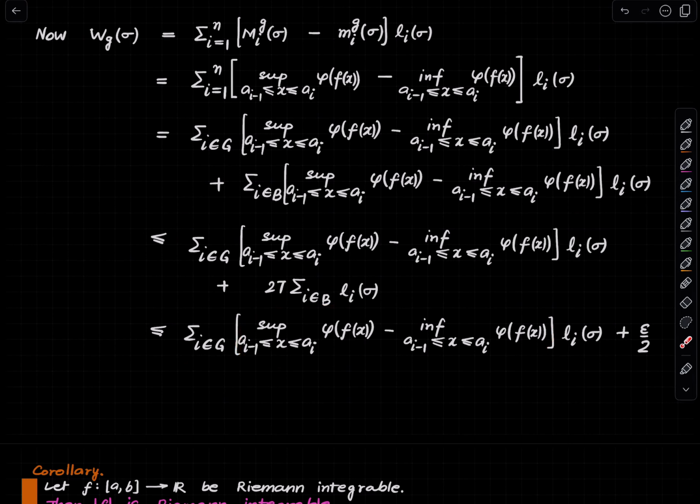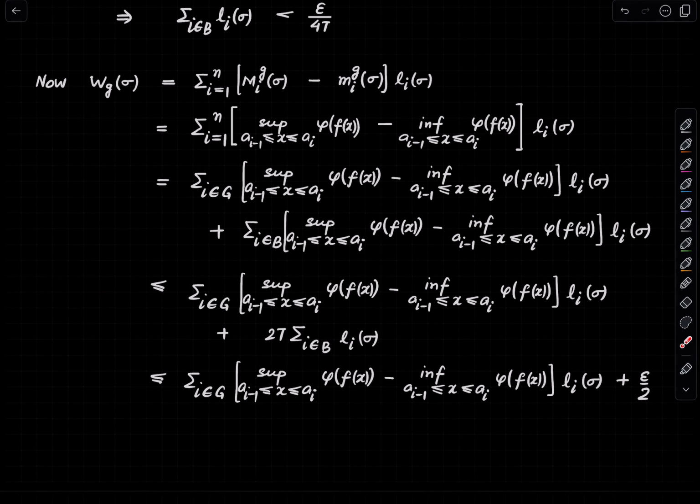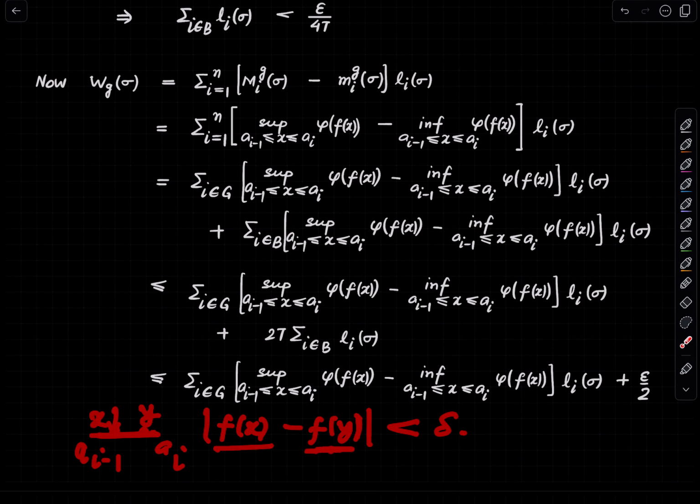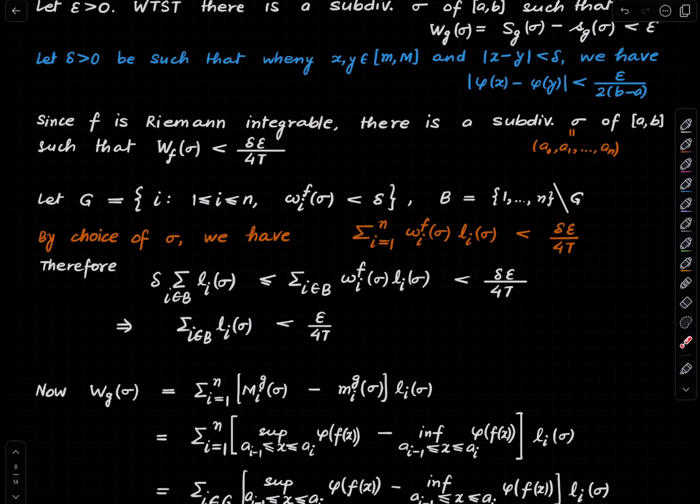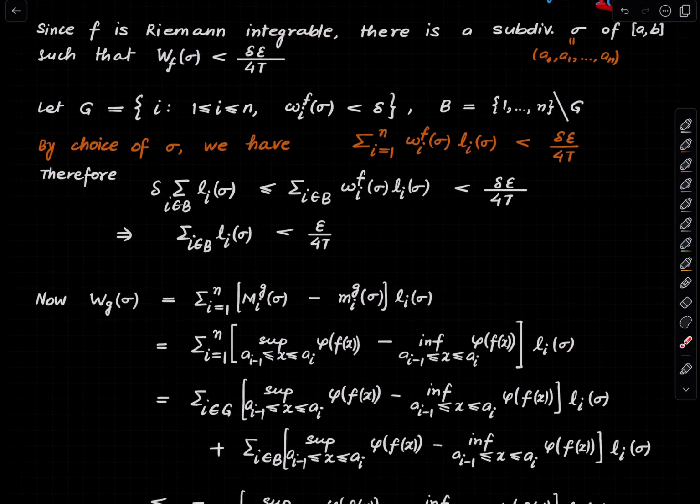So if you pick two points in the good part, say x and y in the interval between a_{i-1} and a_i where i is good, f(x) and f(y) don't differ much. They will be less than delta apart. And hence, phi of this minus phi of that will be less than epsilon by 2 times (b minus a) apart.